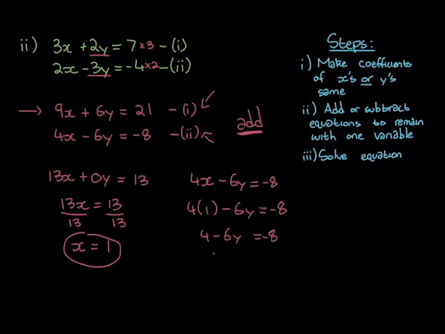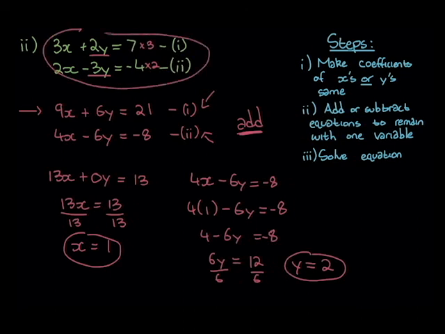So 6y is equal to 4 plus 8, which is 12. Divide both sides by 6, and you get y is equal to 2. And these are our solutions to these equations when you solve them simultaneously.